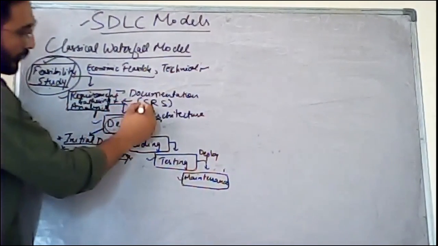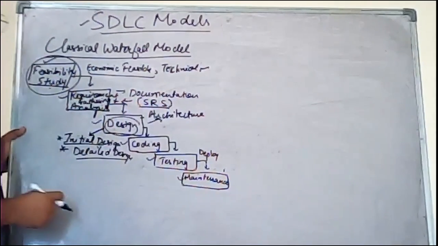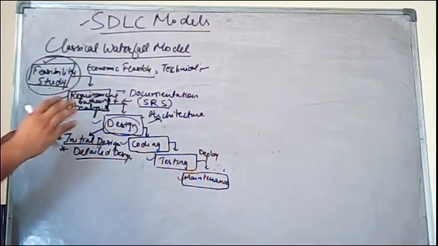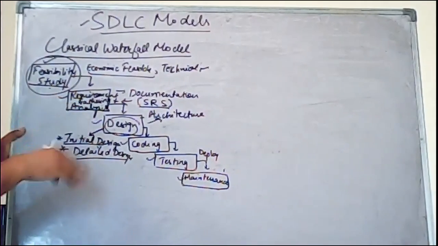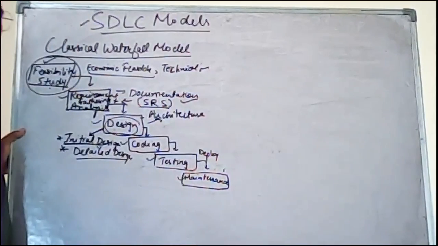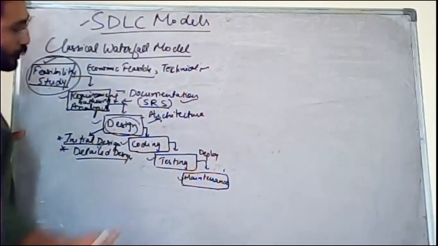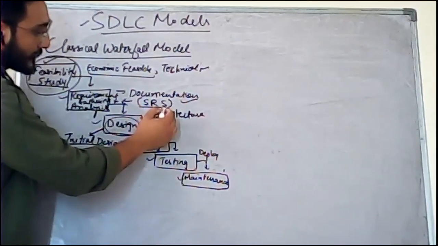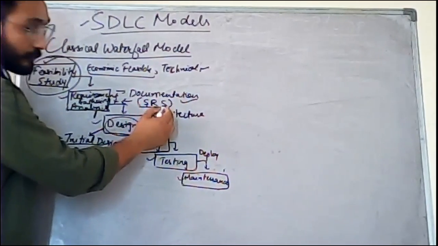Your documentation should be there. After collecting the requirement and analyzing it, as a team member or as a developer, I have to create a proper formal document, and that document is called SRS, software requirement specification.